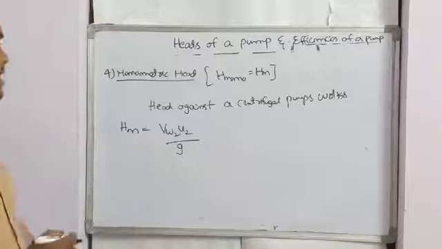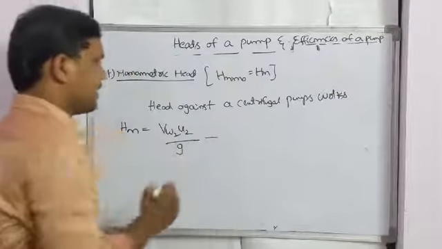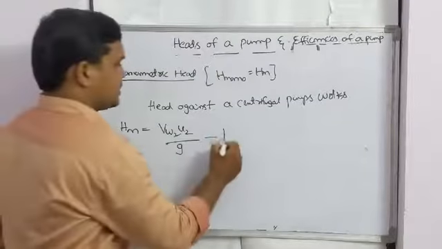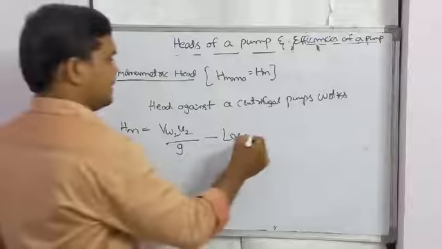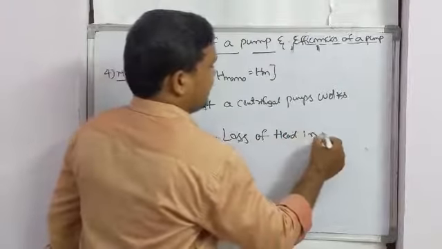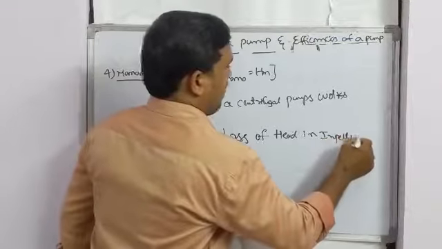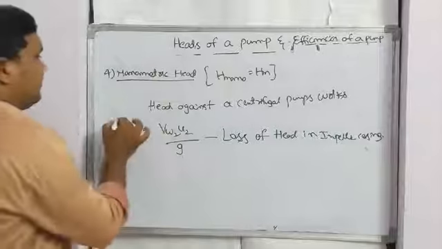If you consider the loss of head in the suction head or delivery head, we can subtract this loss of head in the impeller casing. So the manometric head takes this form.